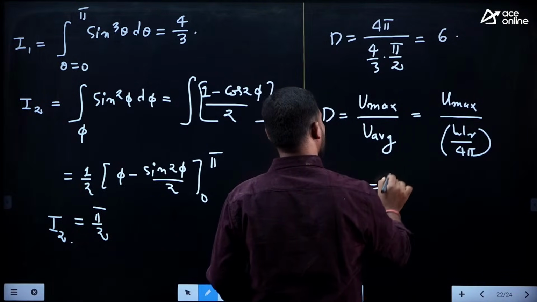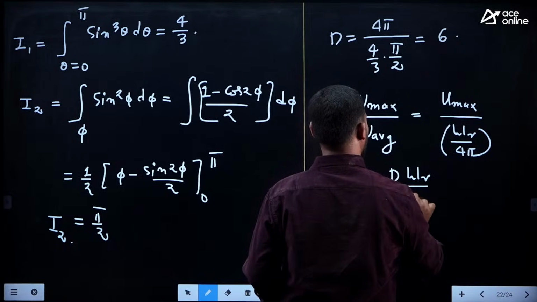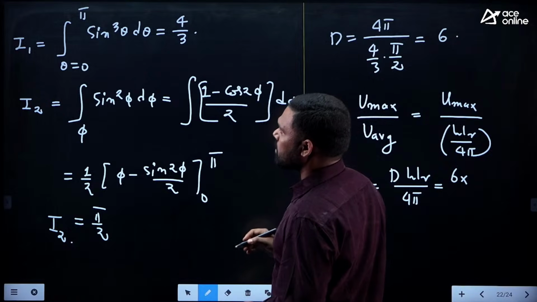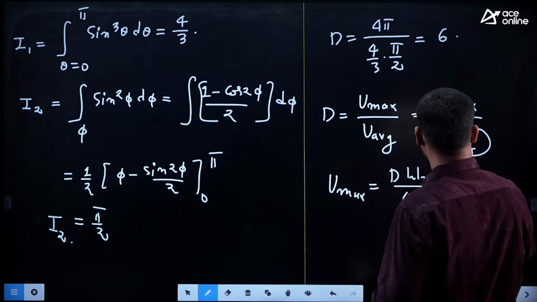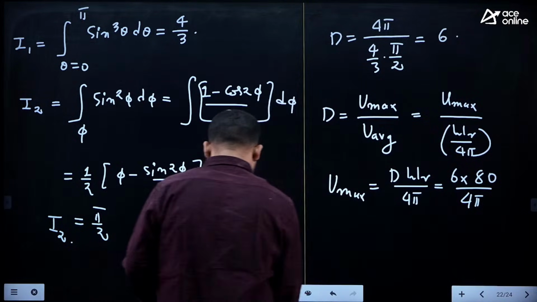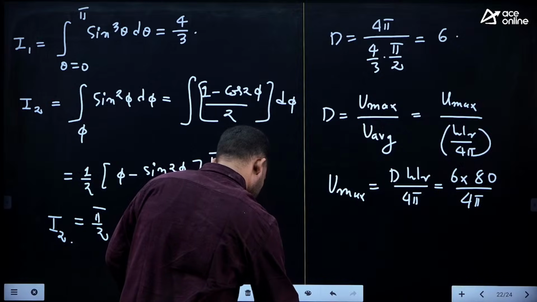What is this U max? D into W R divided by 4 pi. So what is the directivity? 6 into, what is the power radiated from the first part of the question? Total power radiated is 80 divided by 4 pi. Correct, guys?